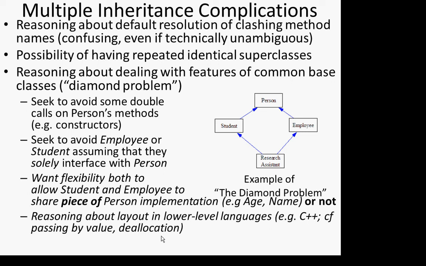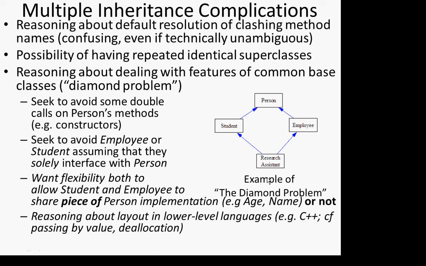One problem, the most classic problem, is what's called the diamond problem. Okay, so here we have a single class that has multiple parent classes, but those have a common class from which they derive. So employee is a person, a student is a person, and a research assistant is both a student and employee. And there's several questions that come up in this context.